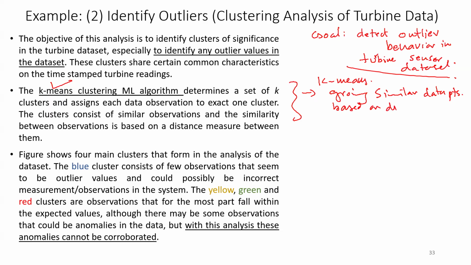Each observation is assigned to a cluster, helping us visualize the groups of similar behavior in the sensor readings. In an IIoT system, this is extremely helpful because turbine data is high dimensional and continuous. So instead of labeling each data point manually, we allow clustering to show us the natural groupings, and more importantly, which points stand out as unusual.